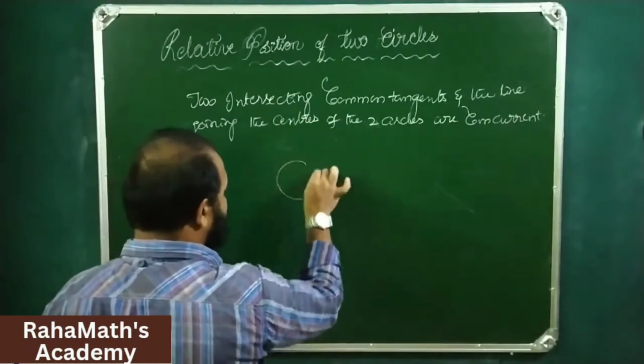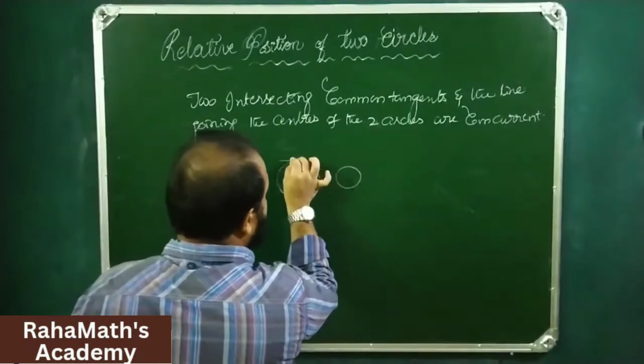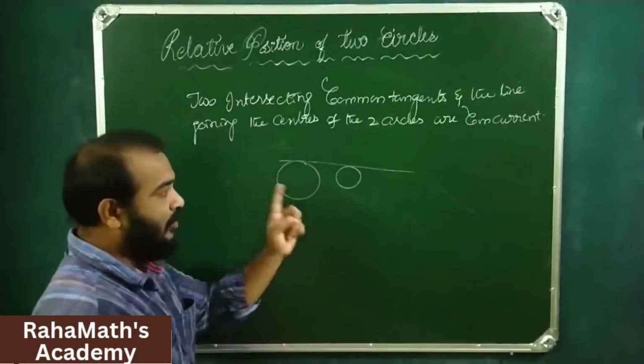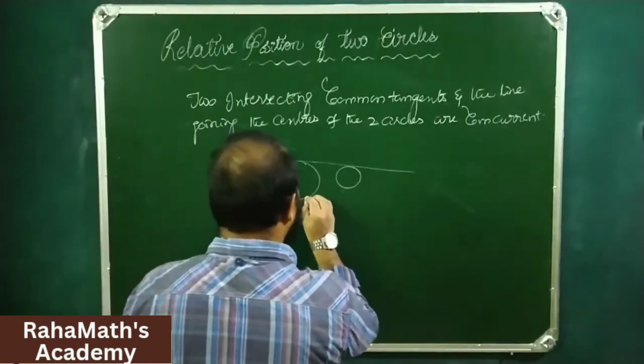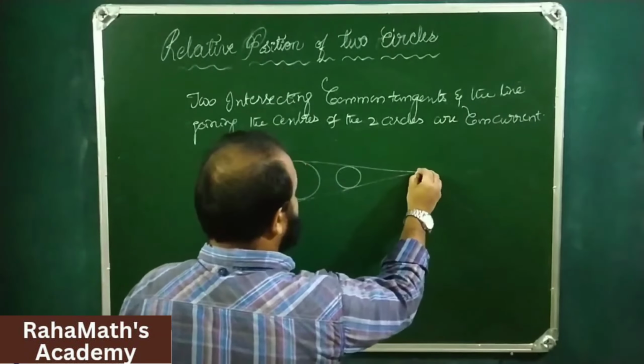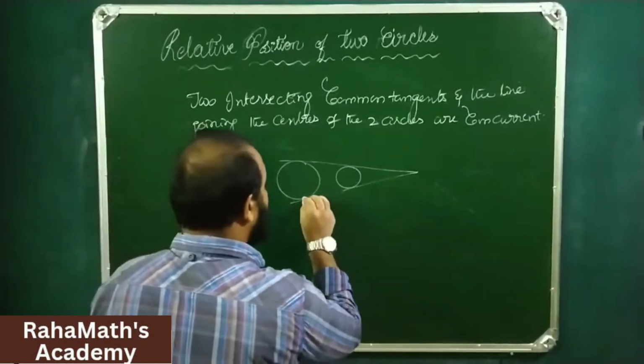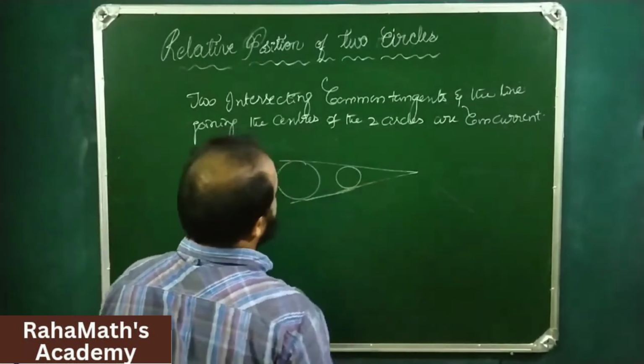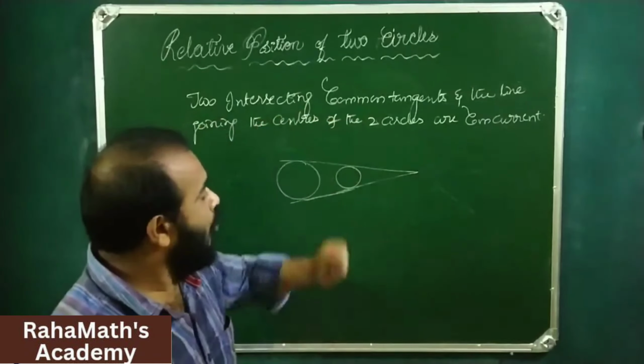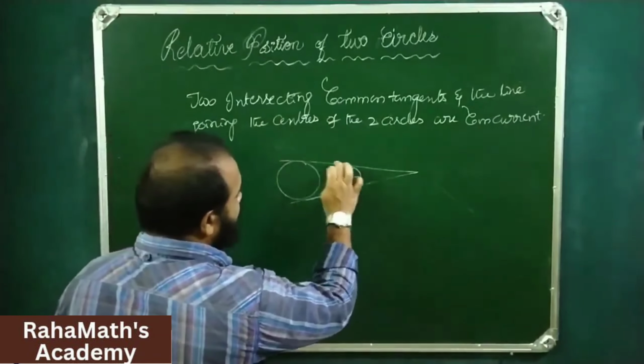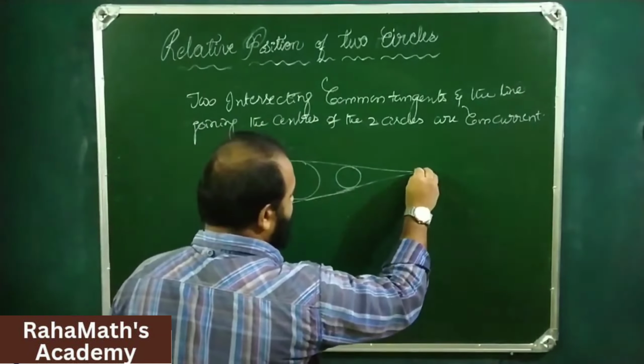For example, two circles are like this. Let us take this as one direct common tangent, and this is another common tangent, right? So these are the two common tangents, two intersecting common tangents. These two common tangents are intersecting at this point.